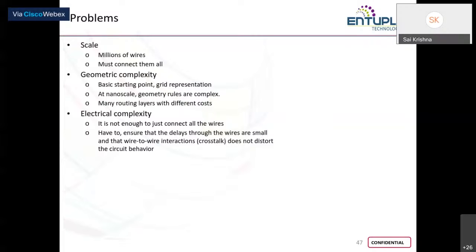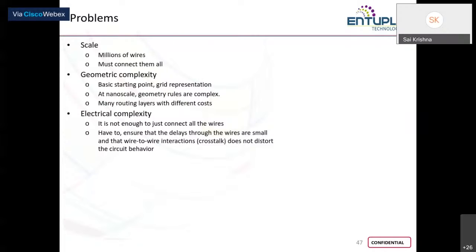To understand that, you have to first get to know what are the problems with routing. So first one is the scale. In the industry level today, we generally deal with some tens of millions of standard cells.